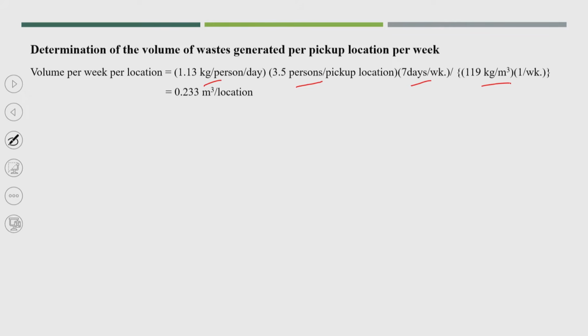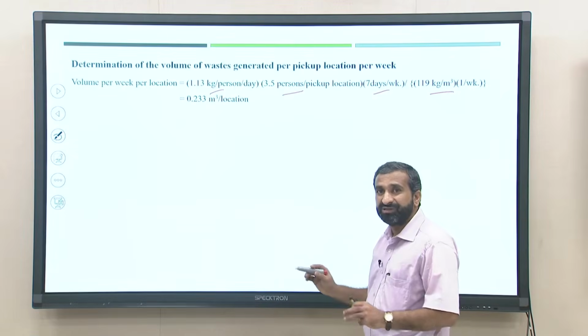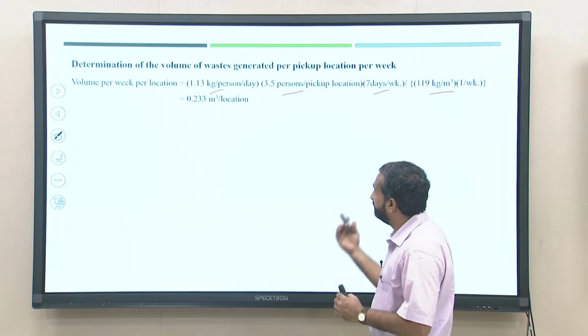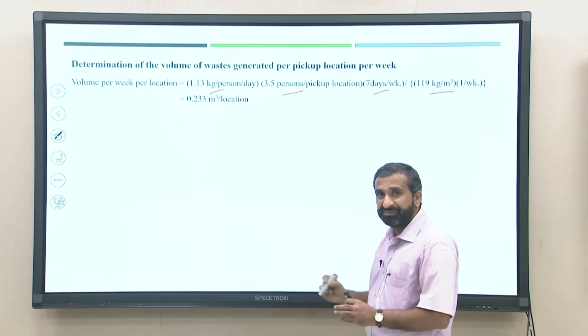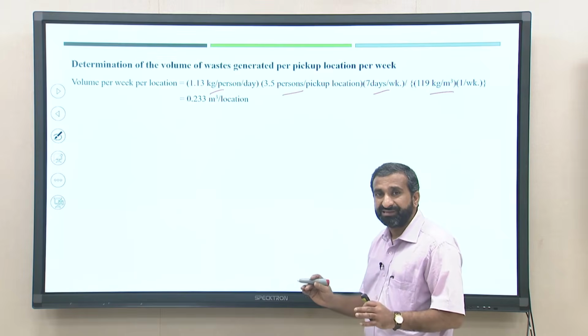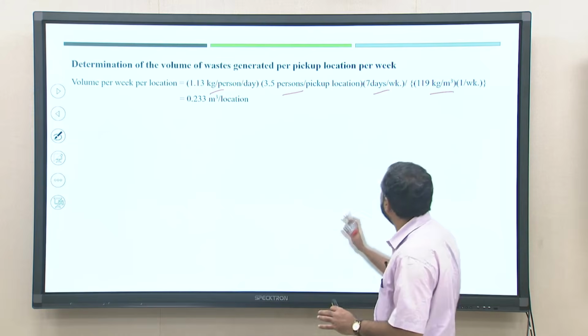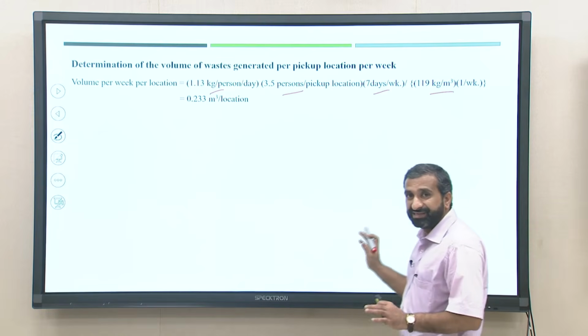Here you see that in different problems, the volume of waste will be given in different ways. In this case the per capita generation is given, the number of residents per location is given, and densities are given.